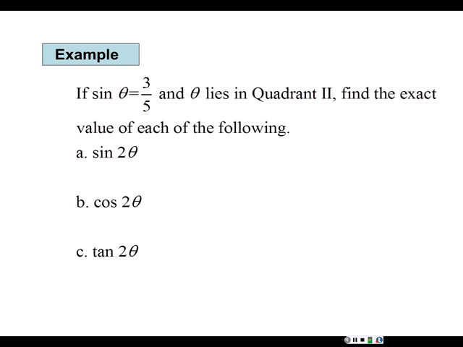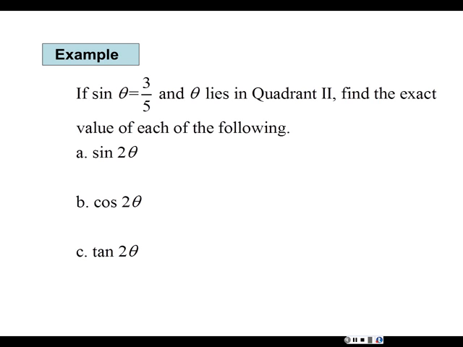You apply it and you will have your answer right away. So, 3 over 5 times 4 over 5, the answer will be negative 24 by 25.